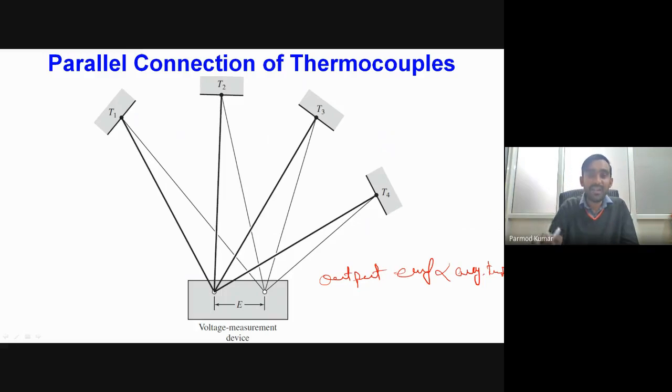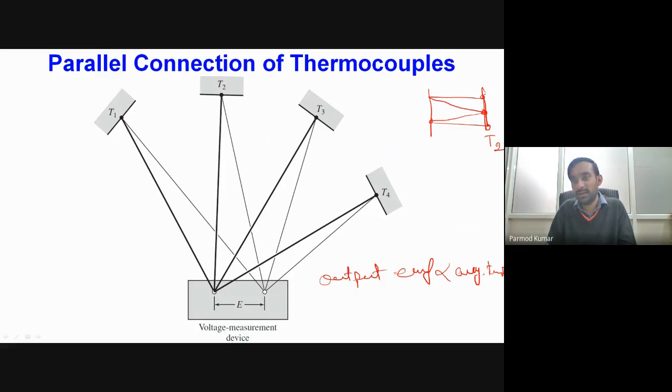Okay, and particularly if you have to obtain the average temperature, then apart from using the parallel connection, we can also go for a thermopile-like connection arrangement for measuring the average temperature. For example, in case of thermopile, say this is my reference temperature of T2, so obviously the reference temperature I have to maintain at some constant point. So everywhere I should have the constant temperature.